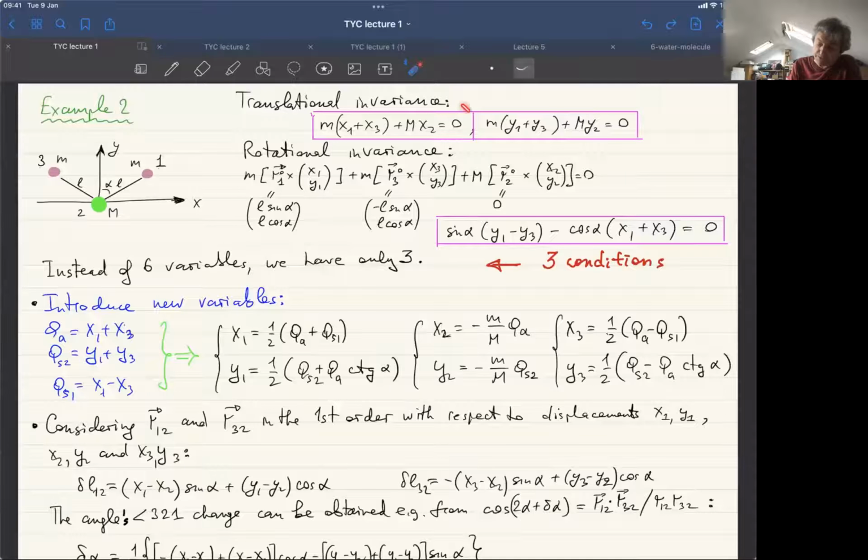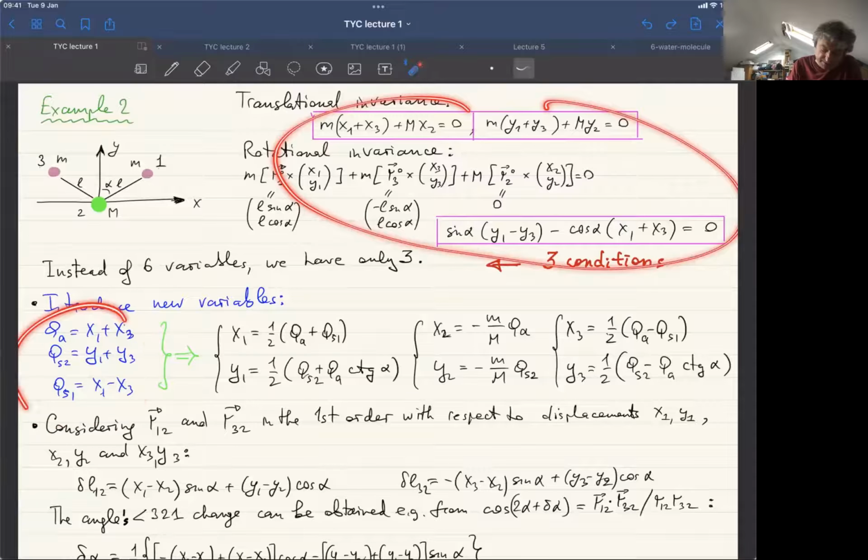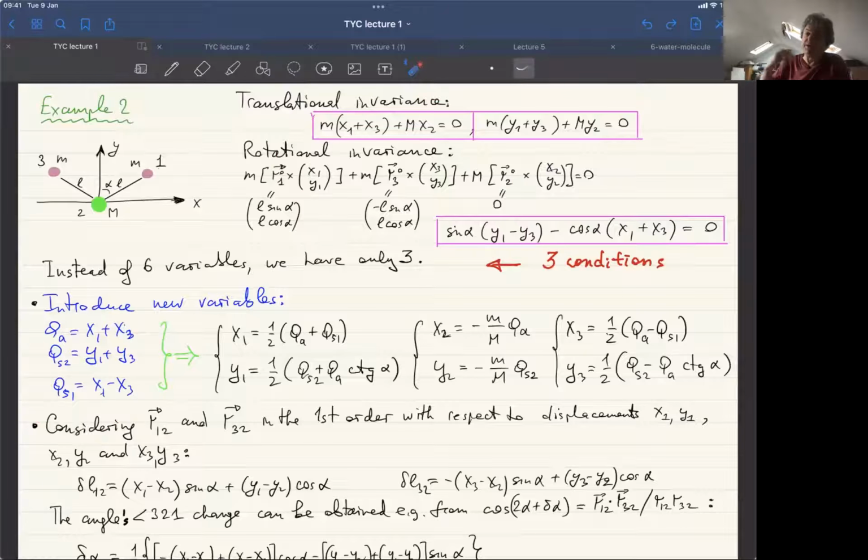And using those conditions and these three additional definitions, we can express all 6 coordinates, x1, x2, y1, y2, x3, y3, via these Q coordinates only. And these are shown here. Okay, so now we have access to everything. We have only 3 independent coordinates Q, and we have all 6 coordinates expressed by them.